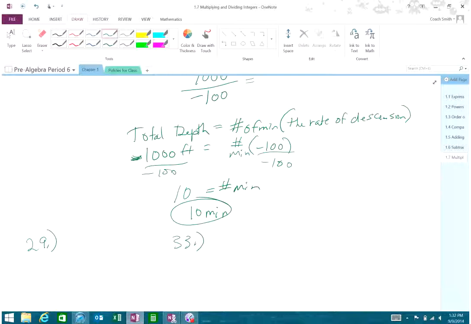Huh? 29 and 33, it's on the screen. I wrote it in Spanish numbers, so maybe that confused you.